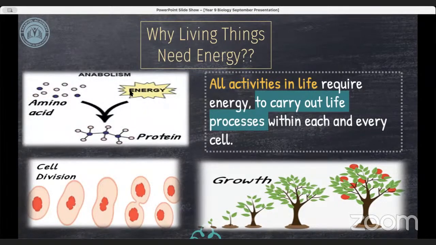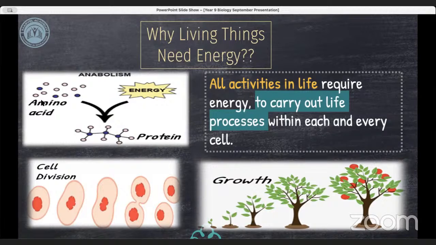Usually there are two types of chemical reactions, anabolism and catabolism. Anabolism means you put in materials and you can synthesize something. Remember the definition. What is anabolism? Very simple, it's making something.